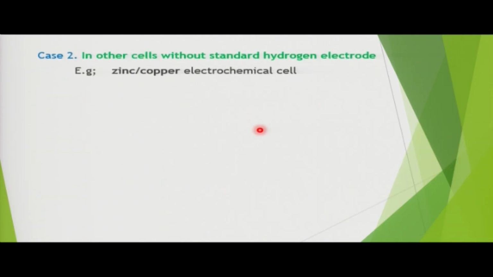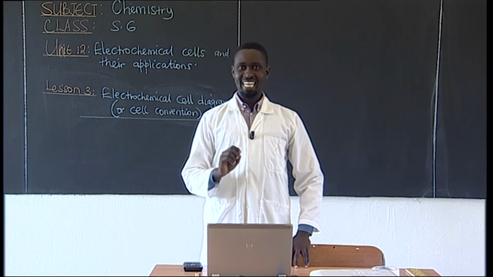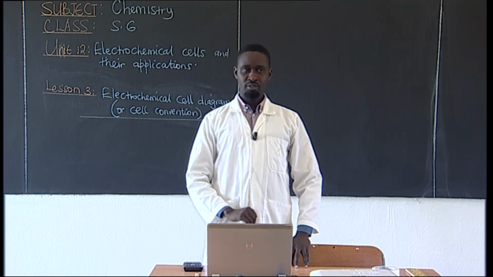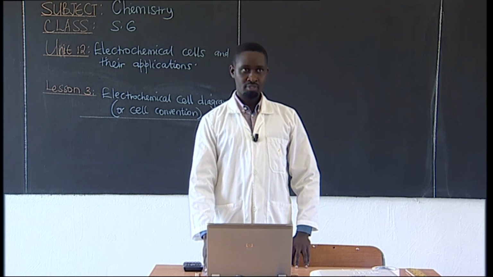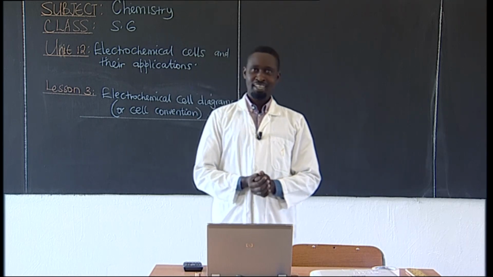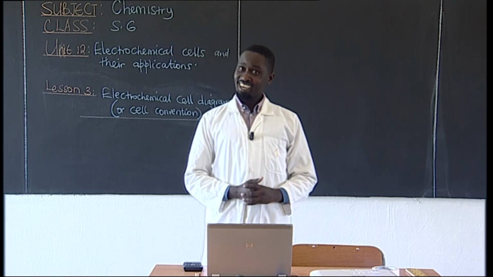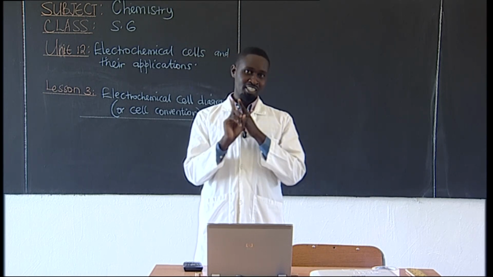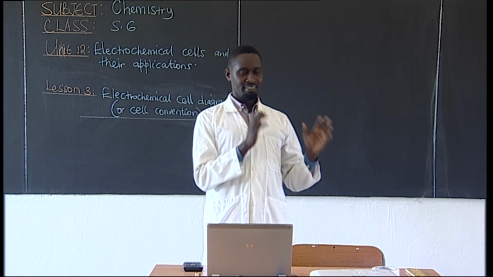So what if we have other cells without the standard hydrogen electrode? How would we represent them if we don't have a SHE? An example is the zinc and copper electrochemical cell. Can you give a guess? Yes. We said in presence of the SHE, it has to be on the left-hand side.